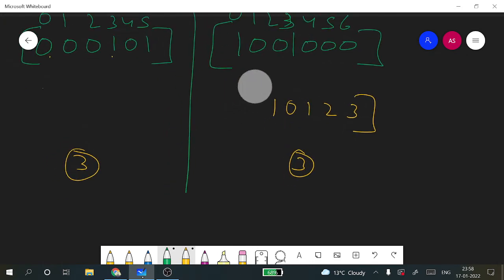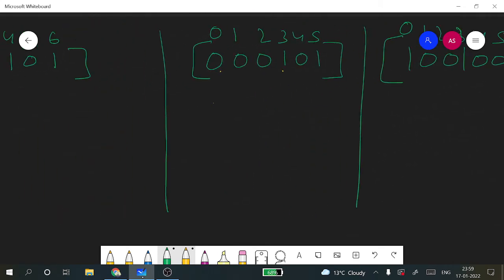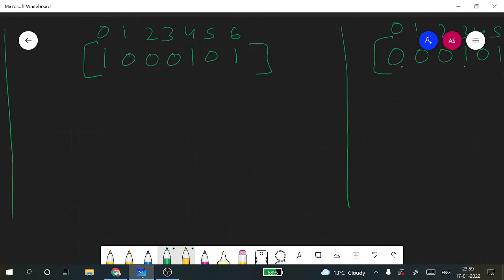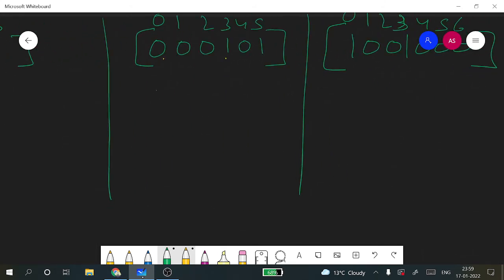So we need to observe that these cases are divided into 3 parts. How are these 3 parts there? Firstly, if Alex sits on the leftmost part, the distance would be the position of the first one, which is 3 minus 0, which is 3.